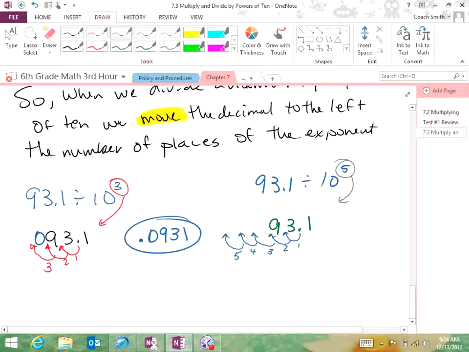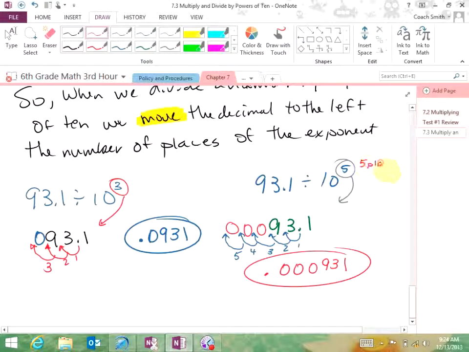And we would have to fill in with zeros there, and so that would give us 0.000931. Okay, 5 places to the left. Okay?